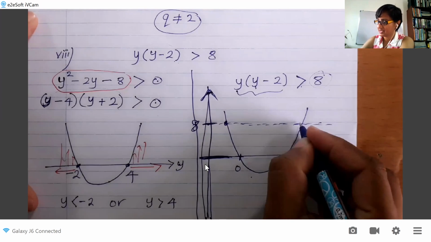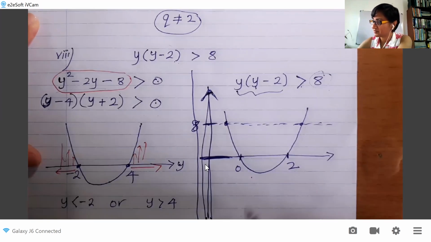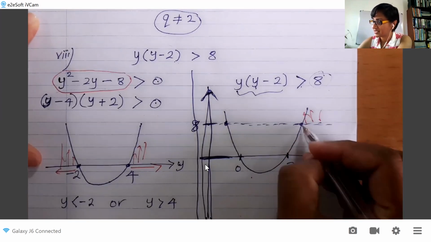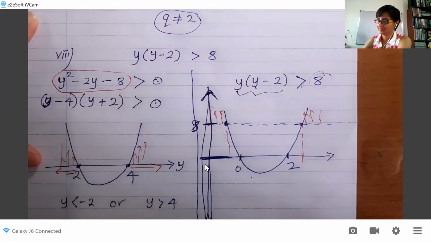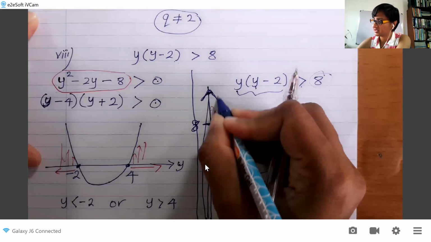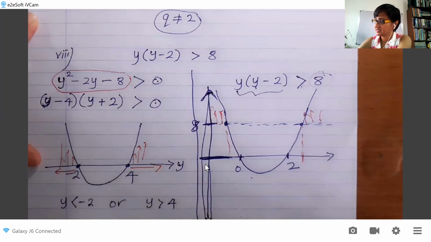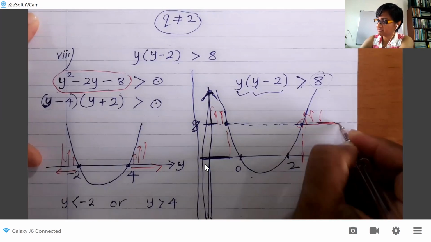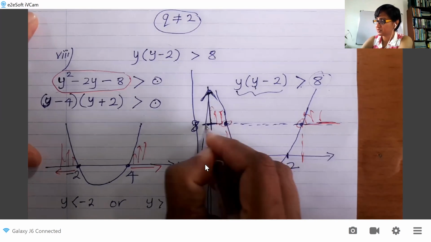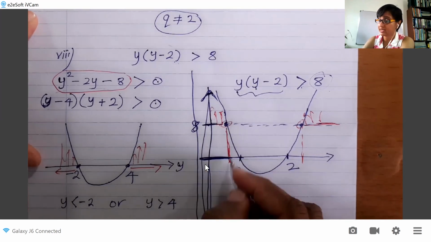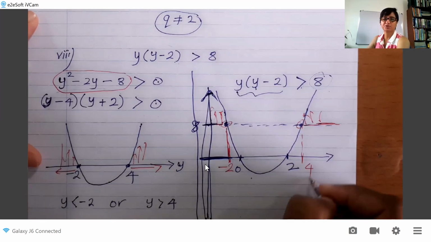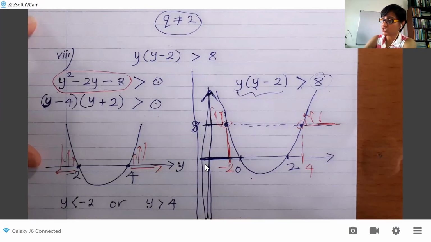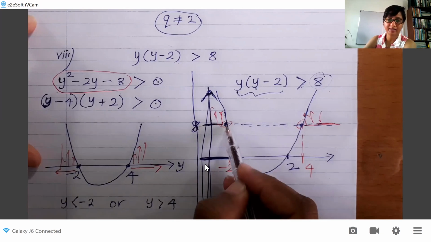So from here onwards, and above that point, my diagram is not very clear. So this point onwards and before this point. If you know how to find this, this would be -2 and this would be 4. Those 2 points where this horizontal line crosses the parabola.